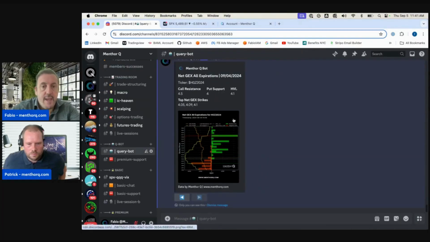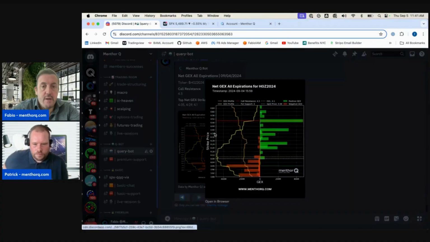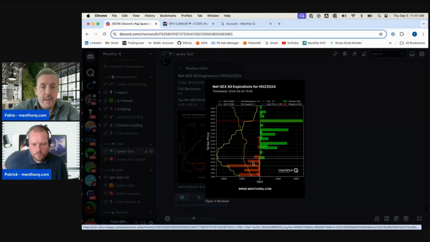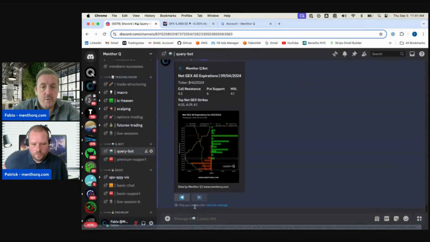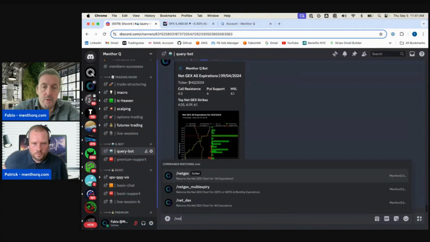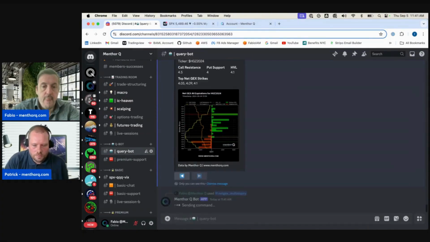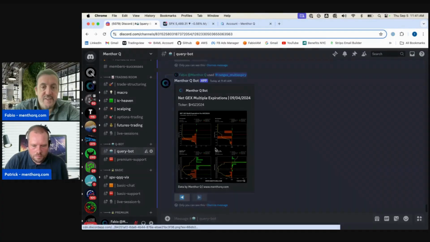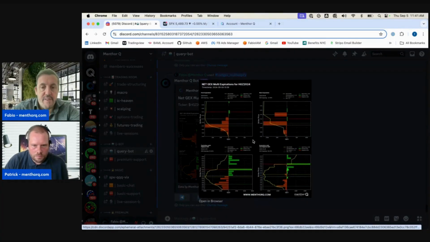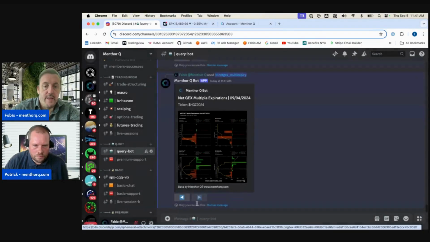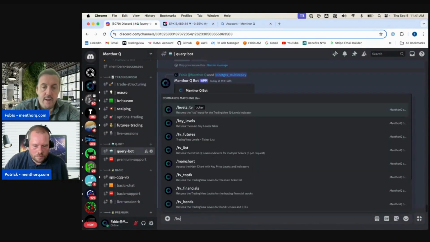All right. So we can get our net gamma exposure chart on the contract here. You see the different levels, the different bars. We can also look at the multi-expiration, and again, HGZ 2024. So we can see how the different participants are positioned in the market, and then we can also get our levels.